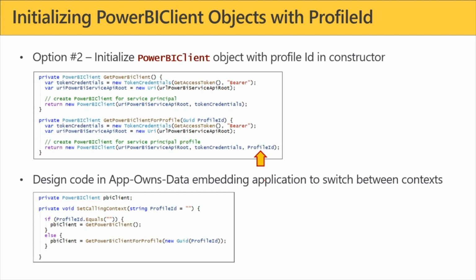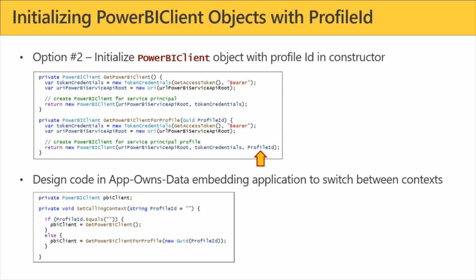And then we're going to create this method called set calling context. The idea is that if someone calls set calling context with no parameters, we'll just get the PBI client for the parent service principal. But if someone passes a profile ID, we'll pass back a Power BI client object that will execute under the identity of that service principal profile.